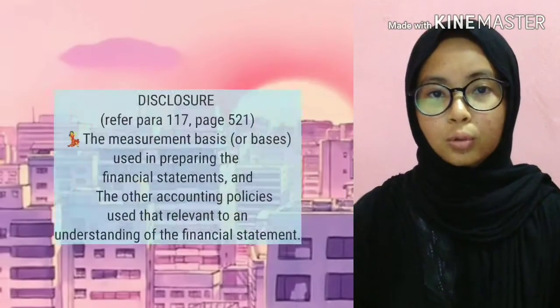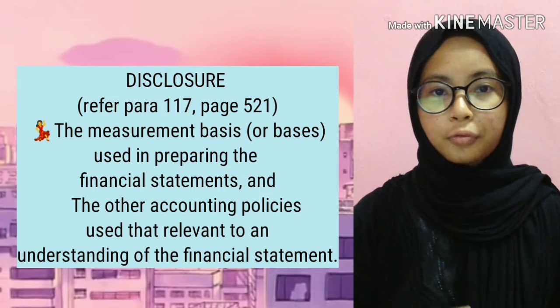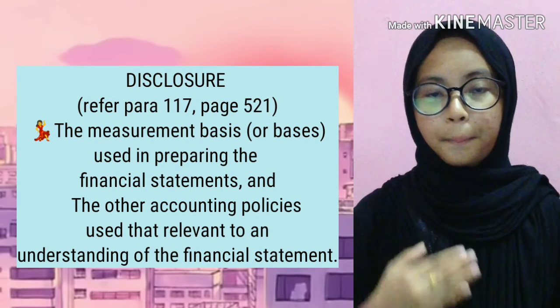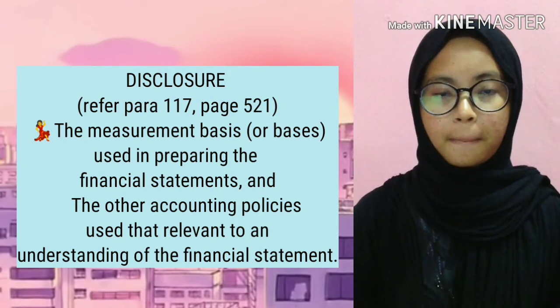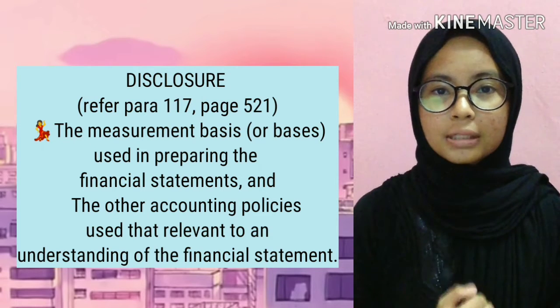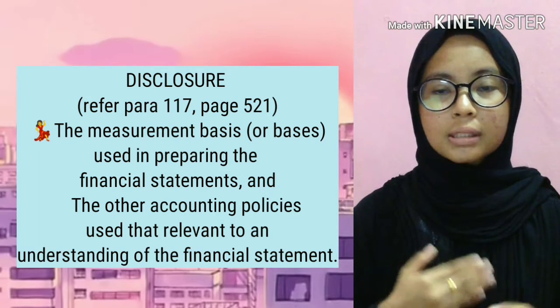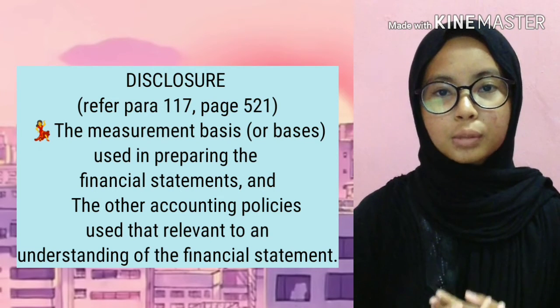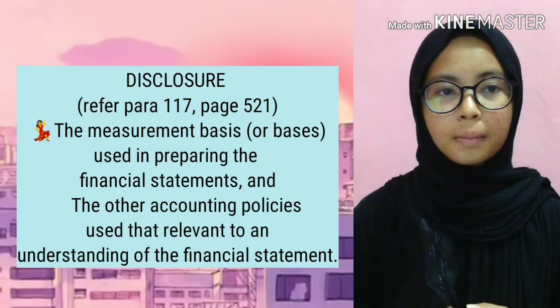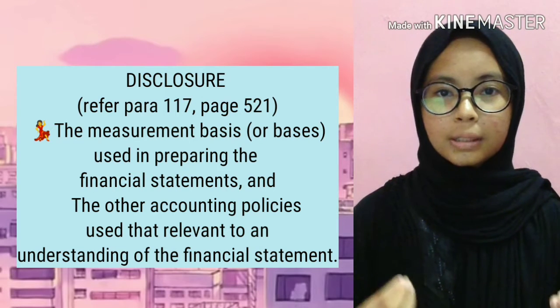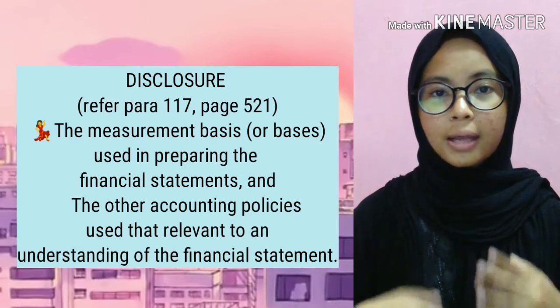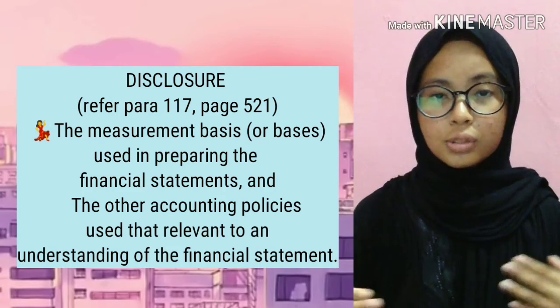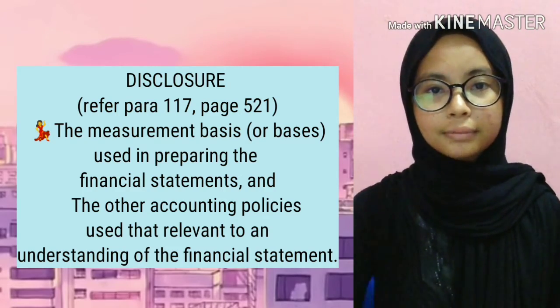And lastly, for disclosure, by referring to paragraph 117 and page 521, an entity shall disclose in summary all the significant accounting policies, which consist of the measurement basis used in preparing the financial statements and the other policies used in preparing financial statements.